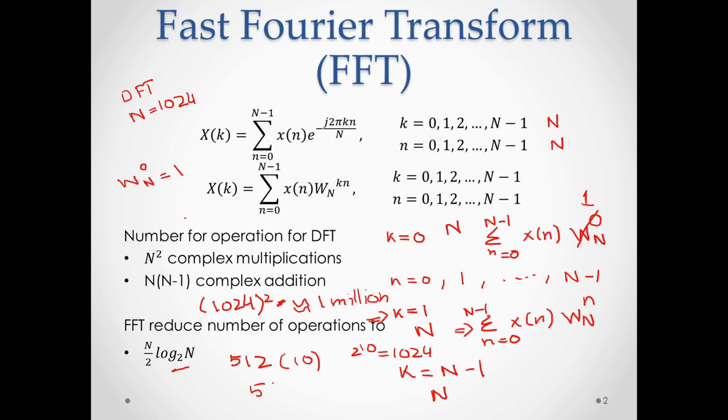So our answer would be 5120. So when n was equal to 1024, while performing DFT, we need to perform 1 million complex computations, whereas FFT reduces the number of complex computations to 5120.